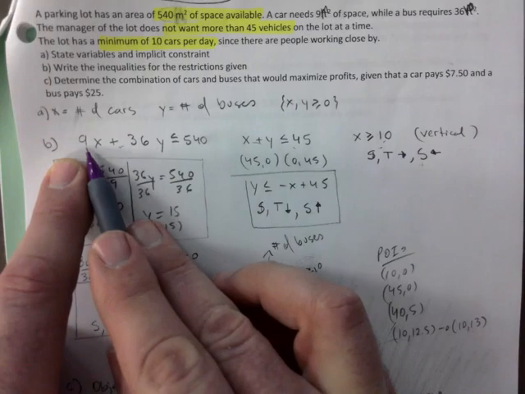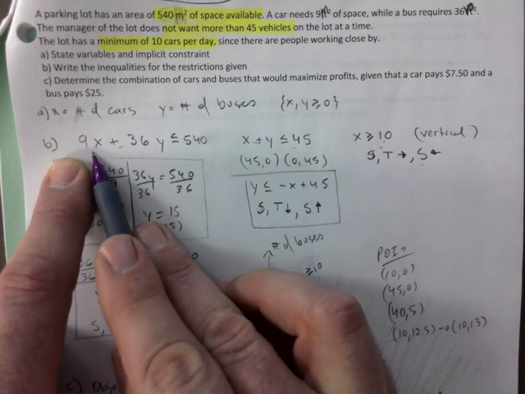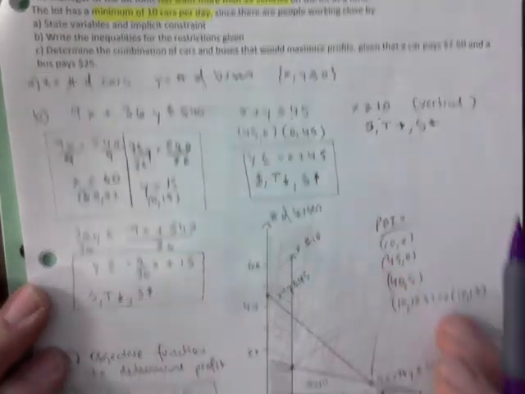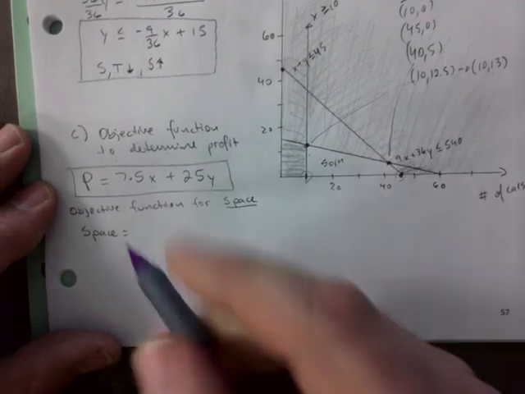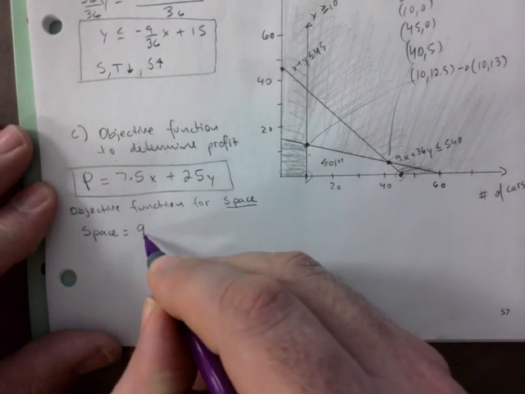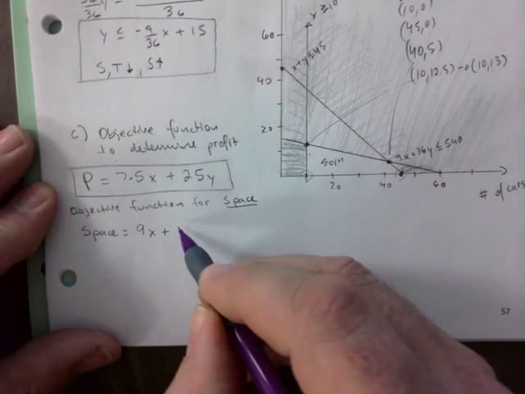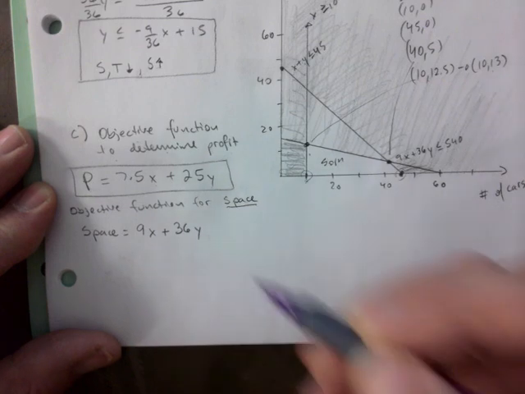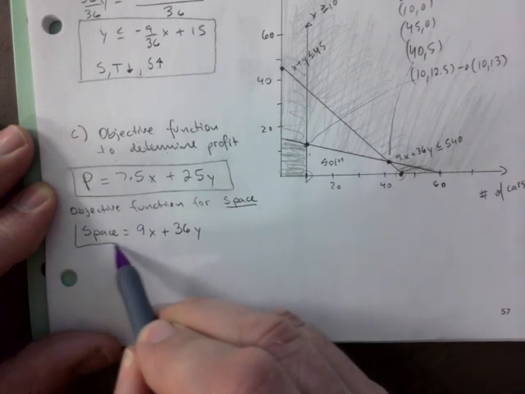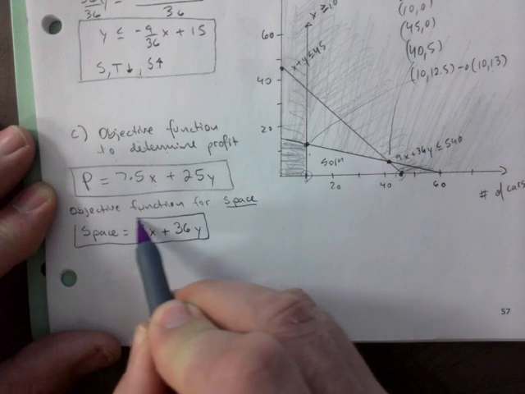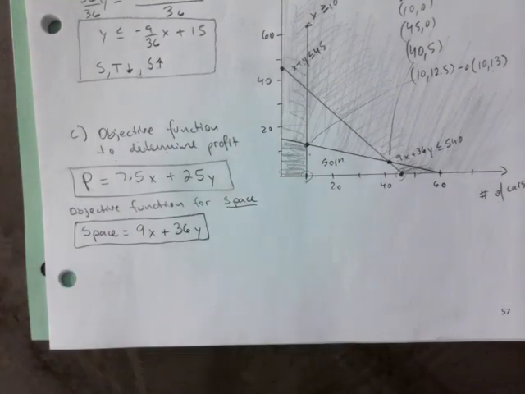I'm just going to borrow these coefficients to help me out with that objective function. So let's go down here. Space would be 9x plus 36y. That would be the objective function that would tell you how much space has been taken up by the combination of cars and buses.